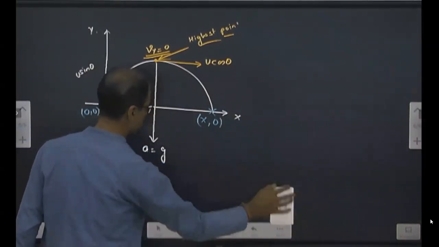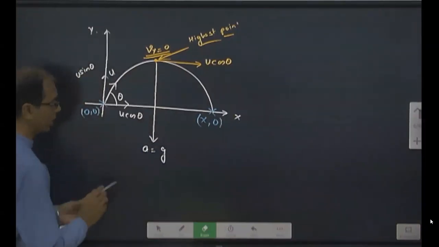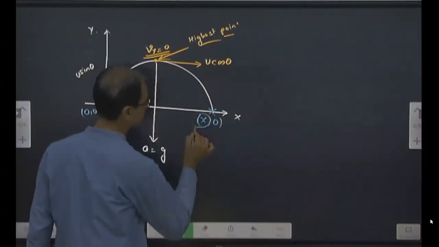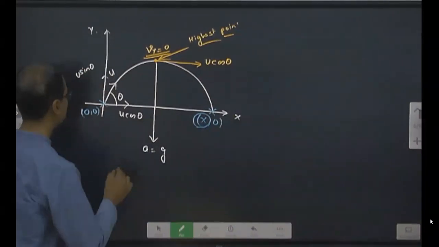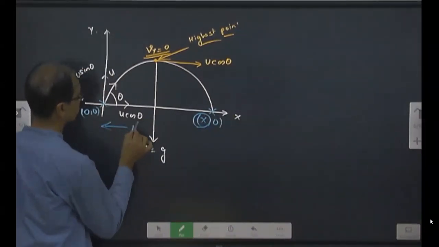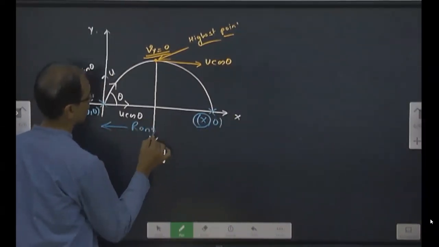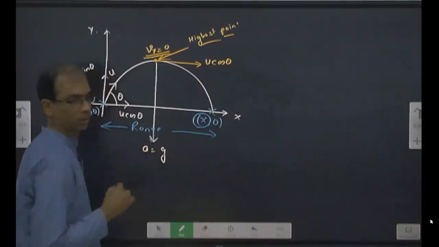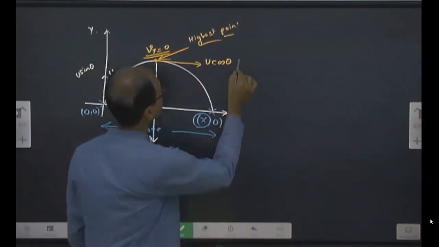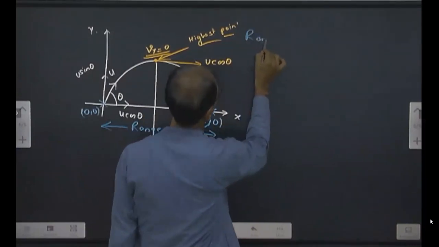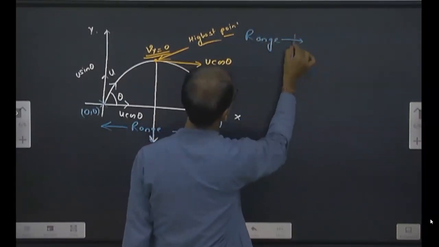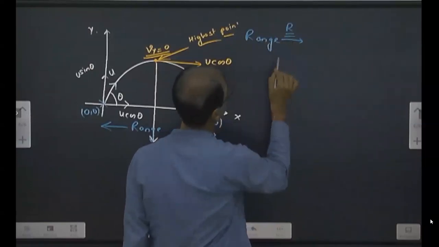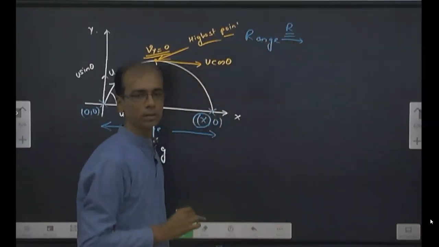Range. This x coordinate, we call this as range. What will be the definition of range? Definition of range is horizontal distance traveled in time of flight. It's called range.